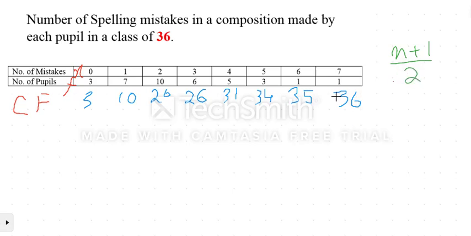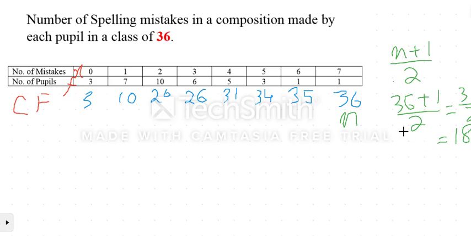Here the n is this number 36. Let me write it here. This is n, so I will plug in 36 plus 1 divided by 2. It is 37 divided by 2, which is 18.5.